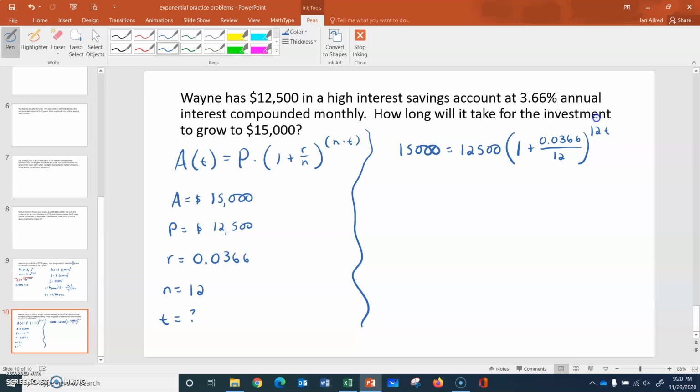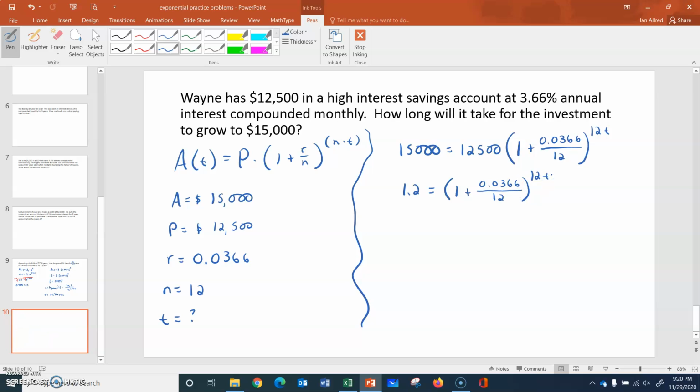So eventually we're going to change this thing to a logarithm, but let's see what we got. 15,000 divided by 12,500 is nice enough. That's 1.2. Then this guy over here we're going to have to change in a moment, but I'll just write it down so you don't get too lost yet.